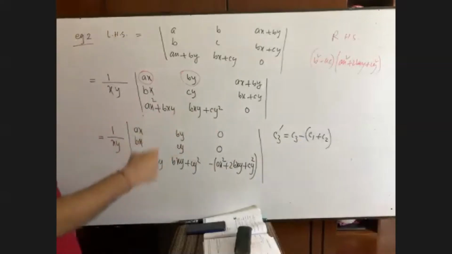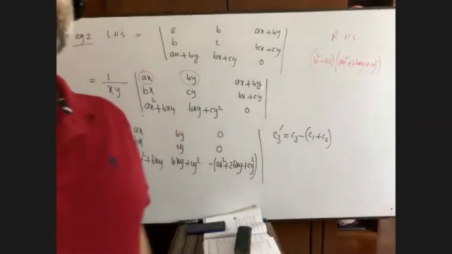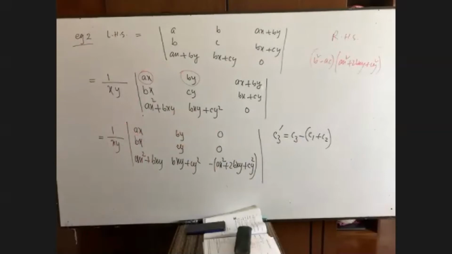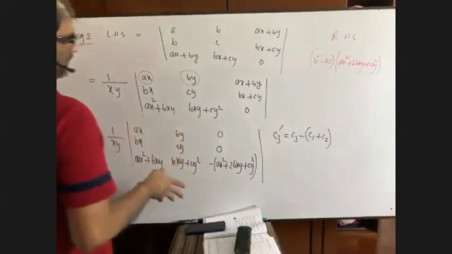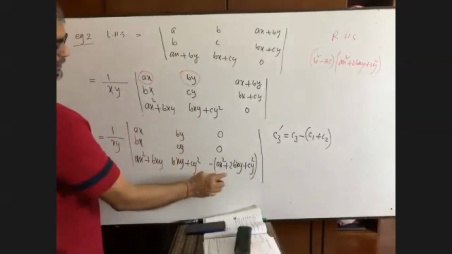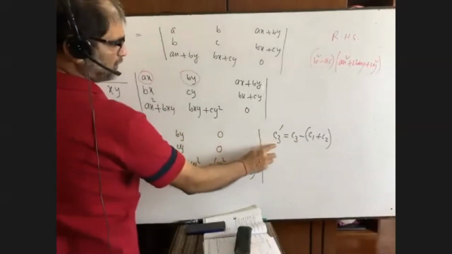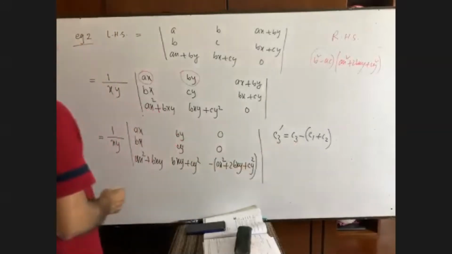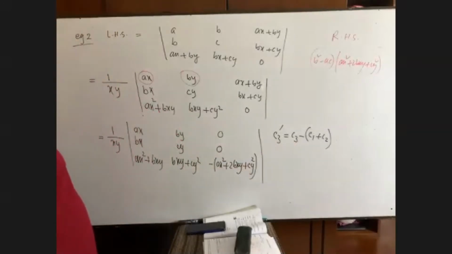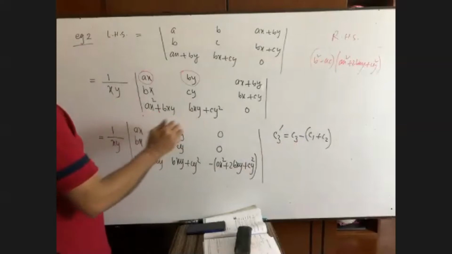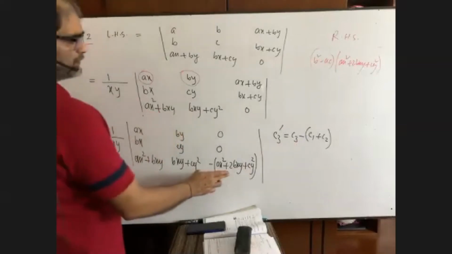If you can do up to this, then it is done. Just give emphasis on this part: new column 3 equals column 3 minus column 1 plus column 2. That means this and this will be added and you will be left with this.